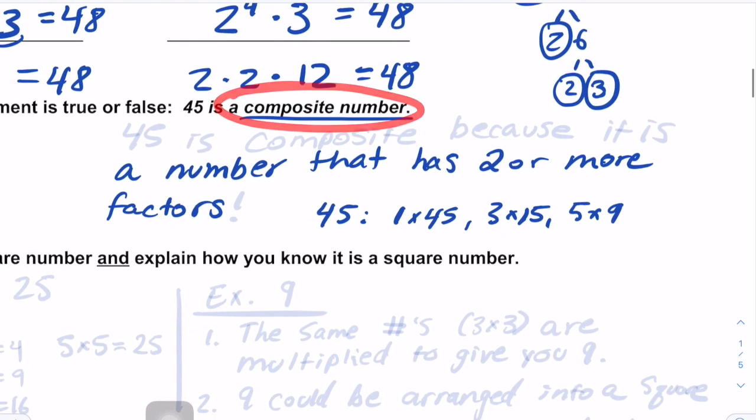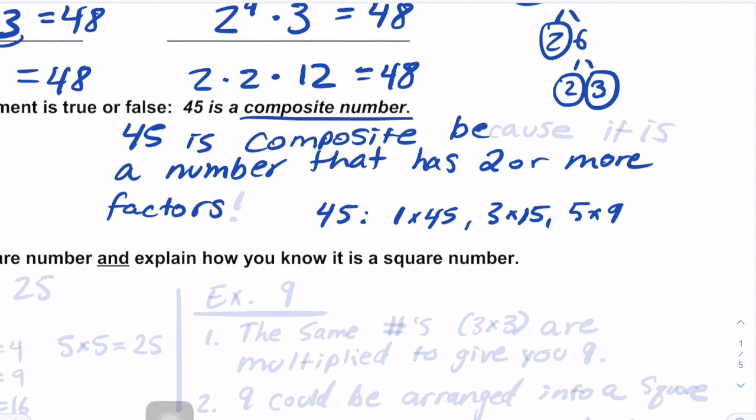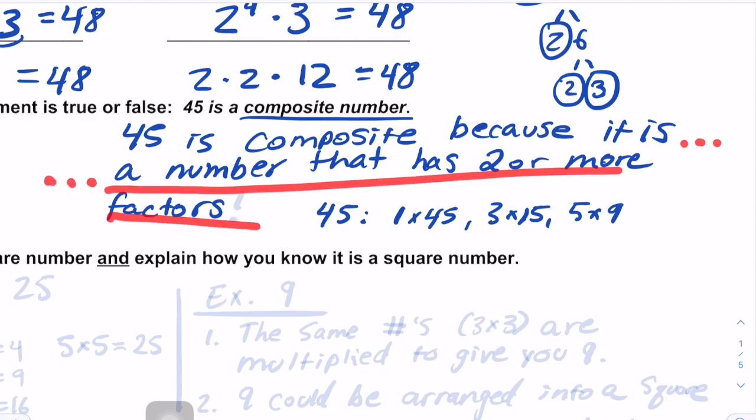So I would say 45 is composite because it is a number that has 2 or more factors.